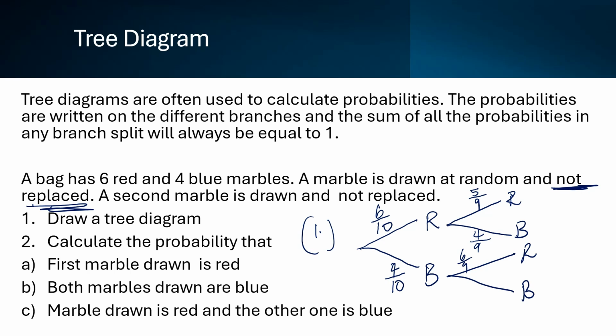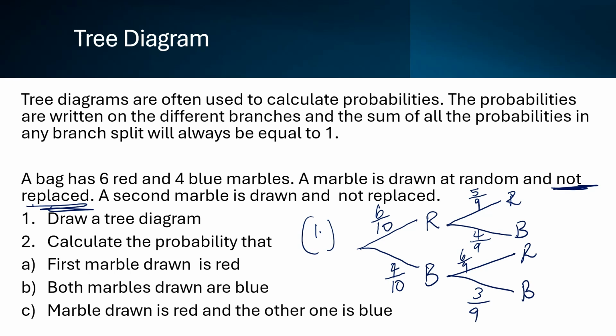If I fetch blue first, then the second time getting blue decreases to 3 out of 9. So that's the tree diagram for that.